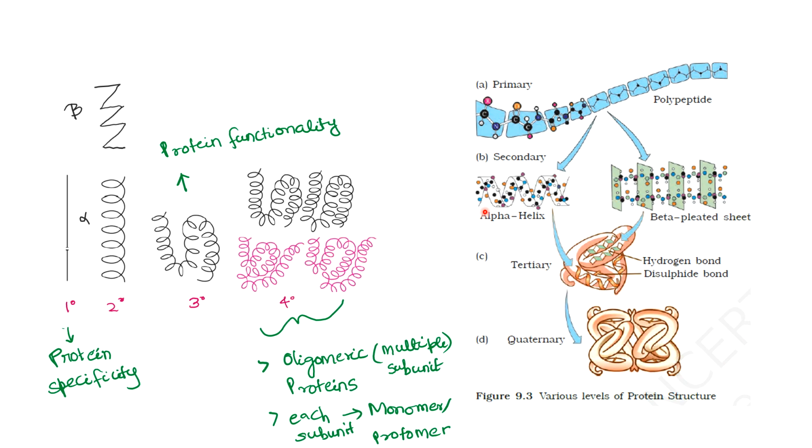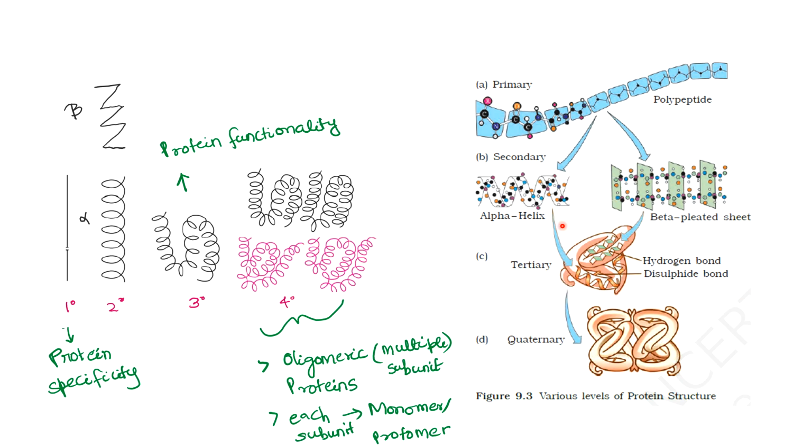Primary structure, alpha helix, beta pleated sheet. This is your tertiary structure, in which the protein looks like a woven ball of wool. There are different types of stabilizing bonds present here. Along with the peptide bond, you can have hydrogen bond, disulfide bond, ionic bond, even the van der Waals bond.